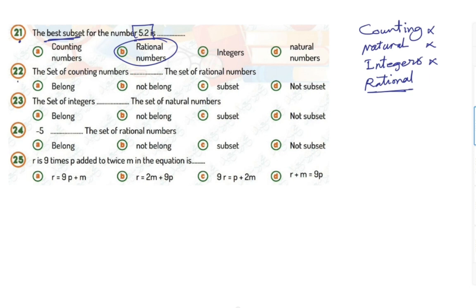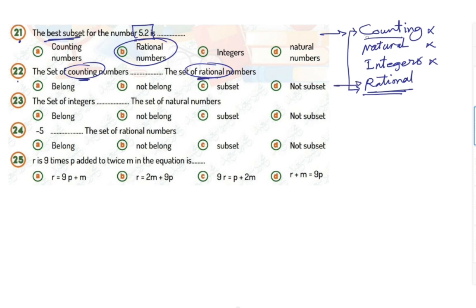Question 22. The set of counting numbers blank the set of rational numbers. Now we have a relation between counting numbers and rational numbers. The same list of groups: I start with the smallest group, counting, and reach the greatest one, rational. Every small group is a part of any one of the other groups.